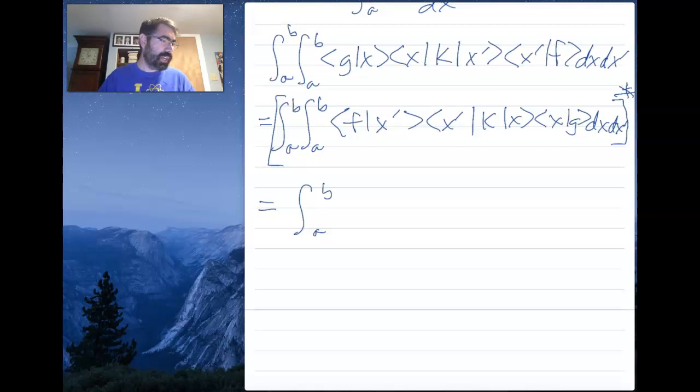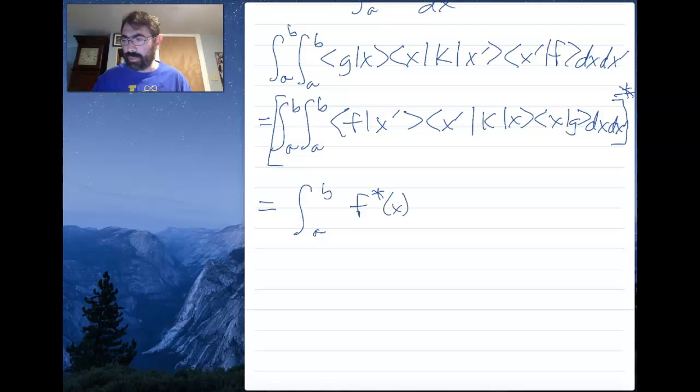When we operate with K, we get the Dirac delta function, which then I can integrate over x prime, and when I do that, I get this function of x.